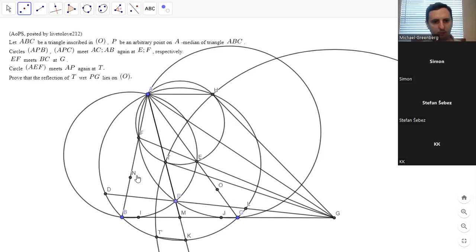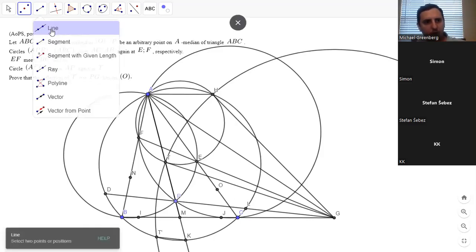We want to show, maybe we could show VT is parallel to LK. Maybe I'll try drawing that.